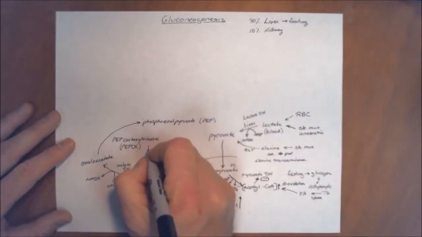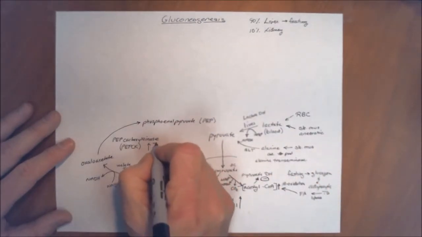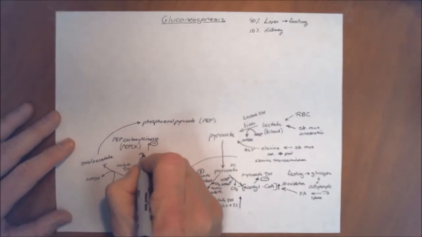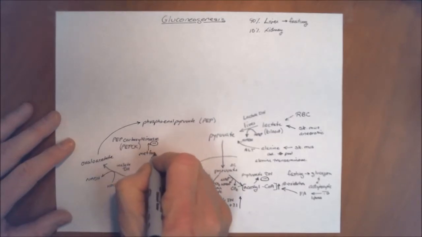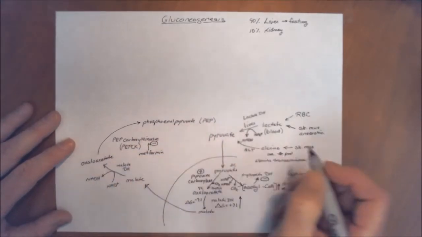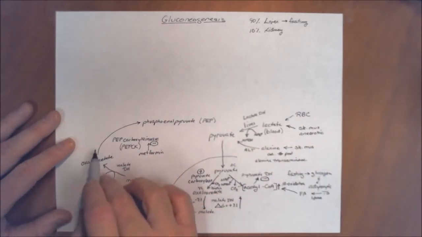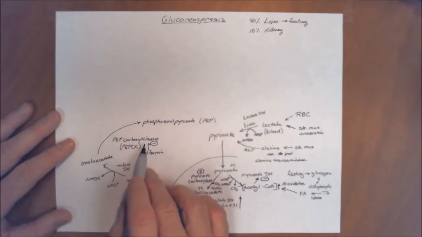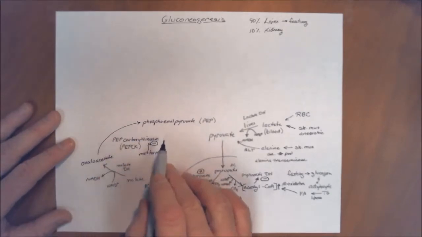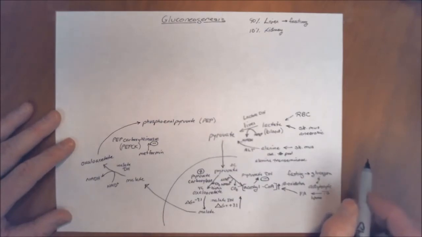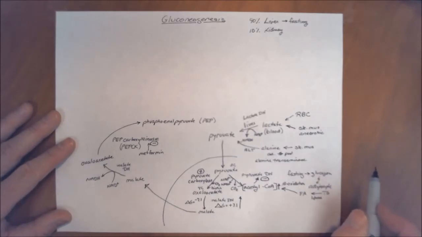Important about this enzyme is that this is a target of the anti-diabetic drug metformin. The rationale for this drug is to inhibit gluconeogenesis by blocking this step at PEP-CK, and by blocking endogenous glucose synthesis in the liver, we can try to assist a diabetic in maintaining glucose control by not adding to the problem.